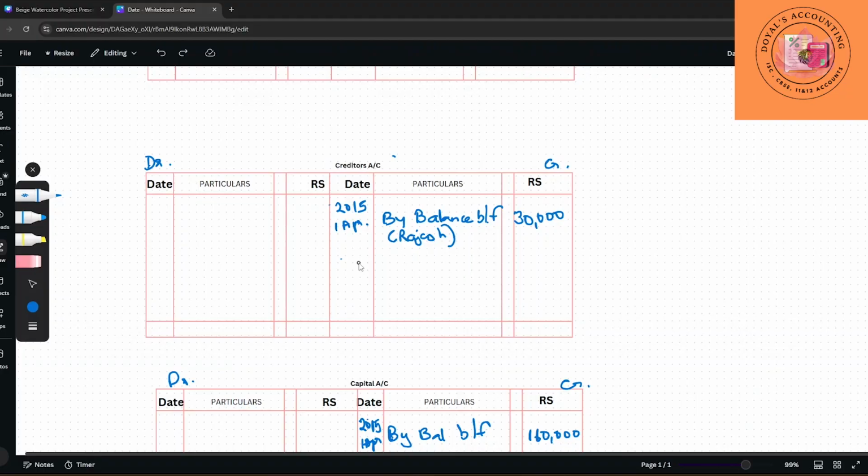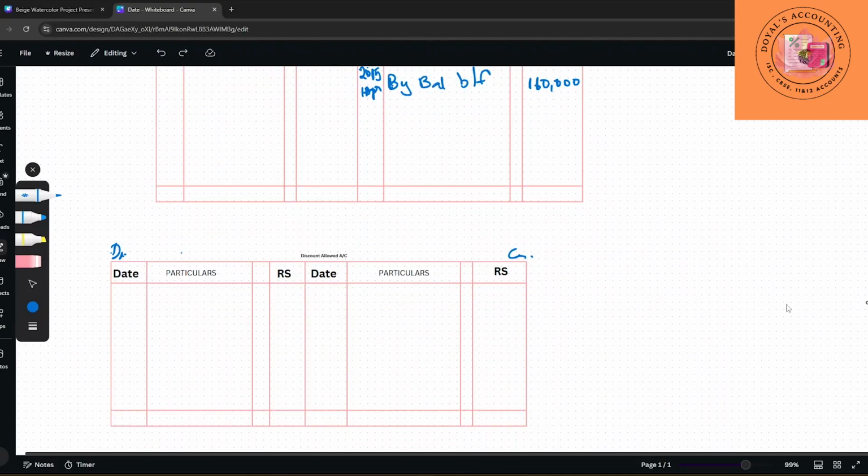That means I have to record on the credit side, because Rajesh, the creditor, is being credited. I will record that particular transaction on the credit side, by purchases account 9,000, because the journal entry was purchases to Rajesh.